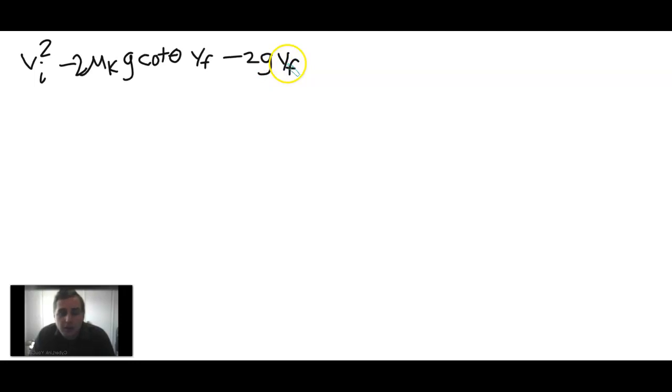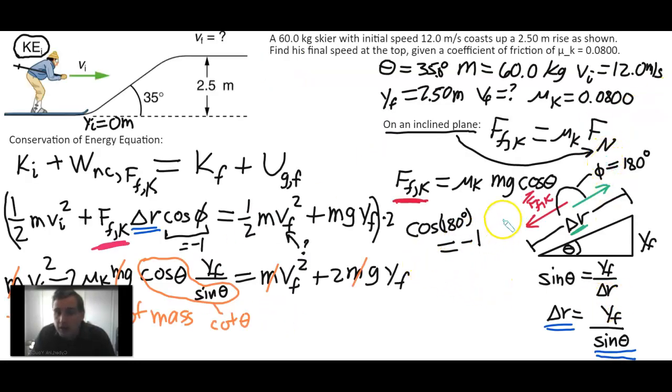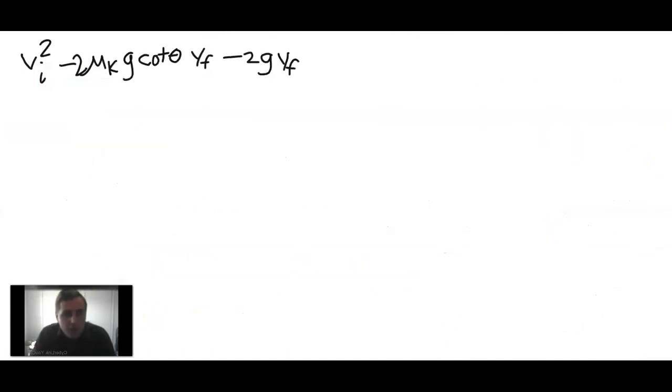Okay, so I think that was the term over here on the right hand side. And then we've got v final squared, so we need to take a square root. That's why I left a little space here. And the square root of all this equals v final.